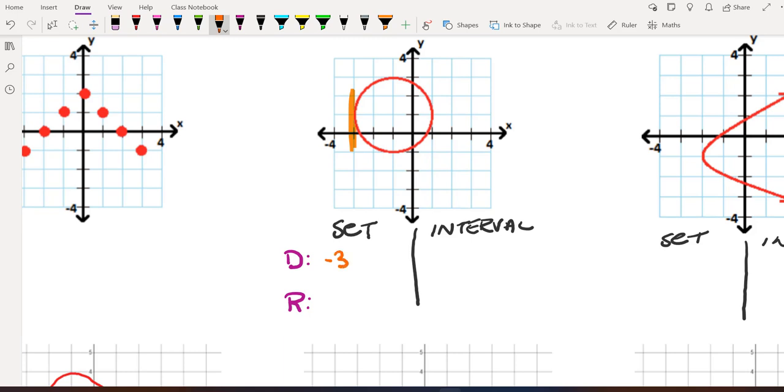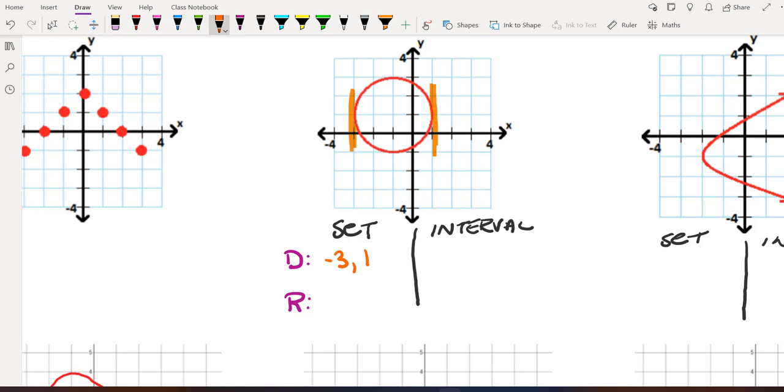Then we go, what is the furthest to the right? What is the biggest x value we have on the graph? So going this way. Positive 1. Yeah, so that's right here. We do a comma, positive 1. Okay. So now, we need to include brackets here if the -3 is a part of the graph.